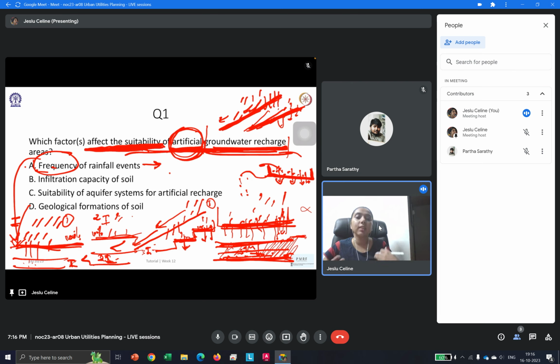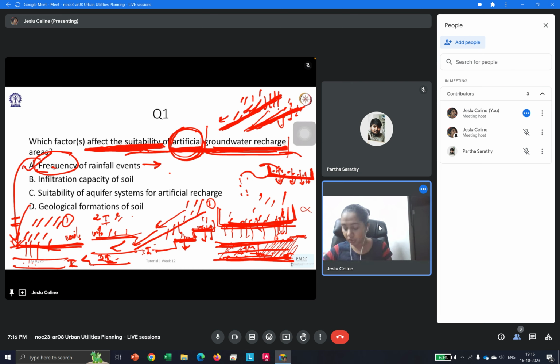If it is a place with very less frequent rainfall, then we would need a structure where water can be stored and go down. If it is highly frequent, maybe that structure is not needed, because it might percolate inside within that time since it's continuously raining. So frequency of rainfall affects the suitability of artificial groundwater recharge.